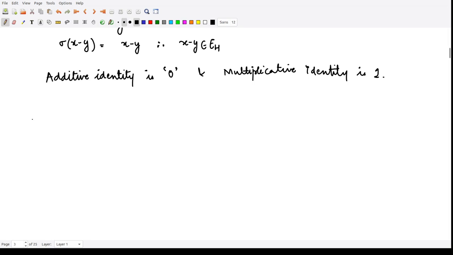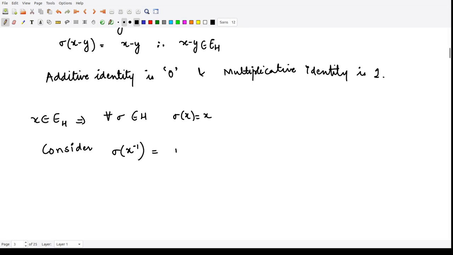Moreover, if we have x belonging to E of H, this implies that for all sigma belonging to H, sigma of x would be equal to x. So consider sigma of x inverse. Because this is a homomorphism, we can write sigma of x raised to power minus 1.